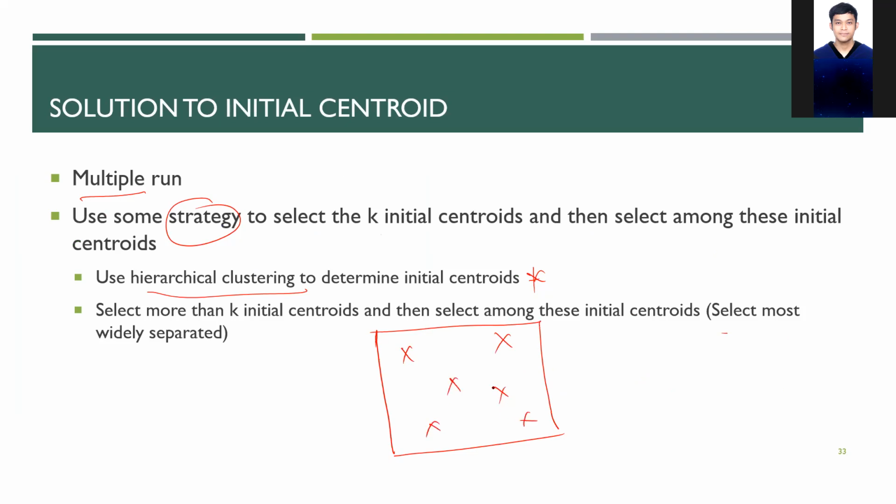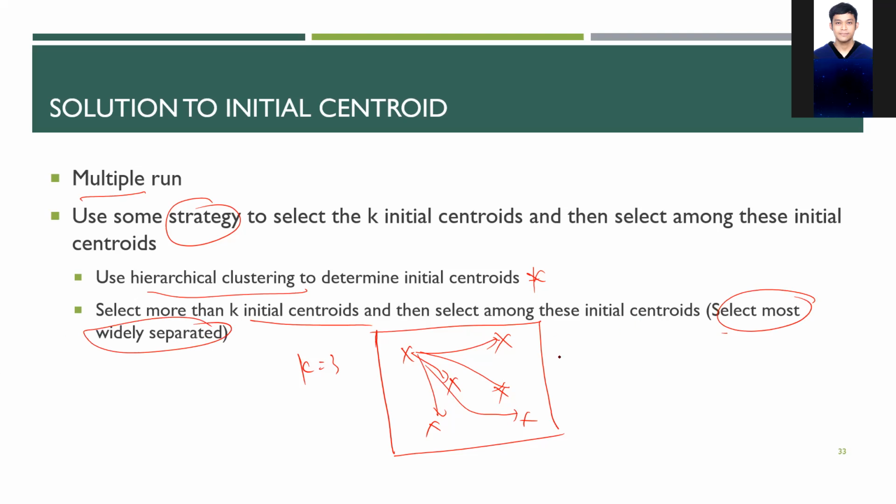But we actually want 3 clusters, for example. But we choose more than 3 initial centroids, and then we calculate the distance to each other, to all of these. And then we choose the most widely separated.